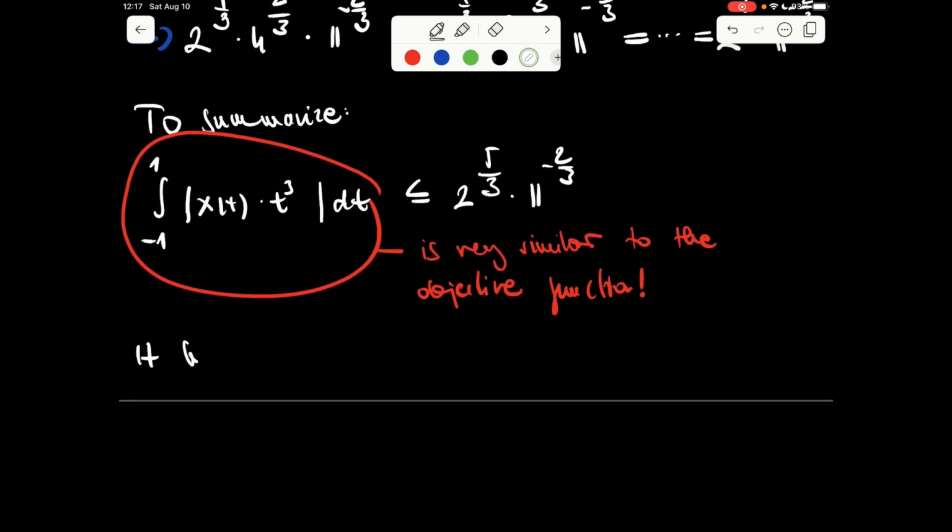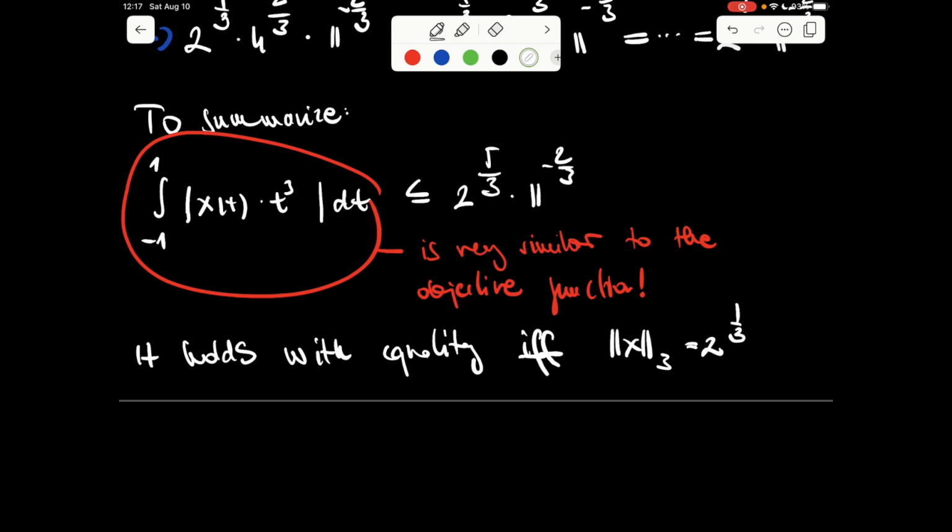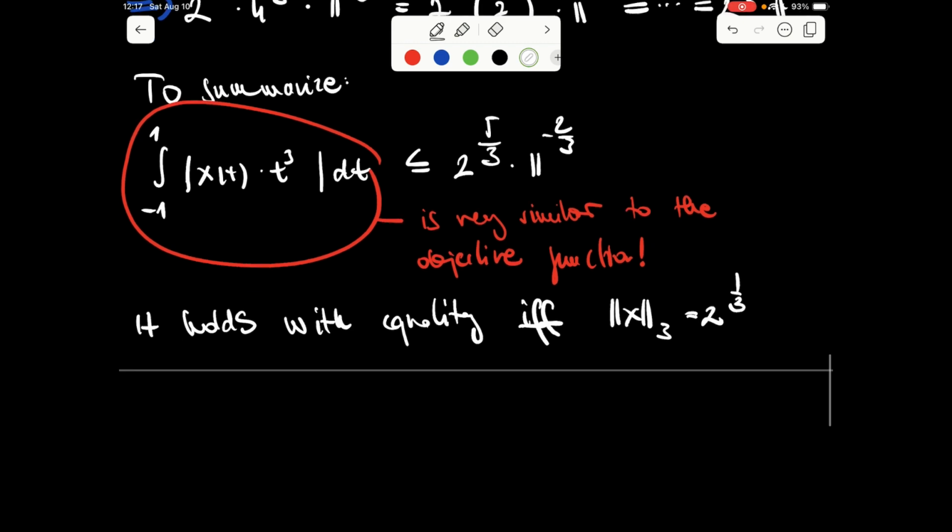It holds with equality if and only if the norm of the function is this. Okay, so choosing function x in this way, we can maximize.